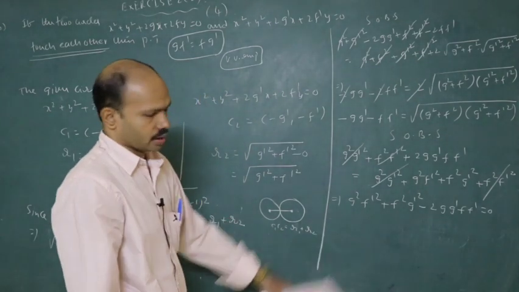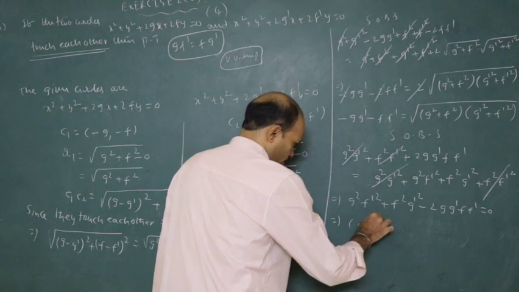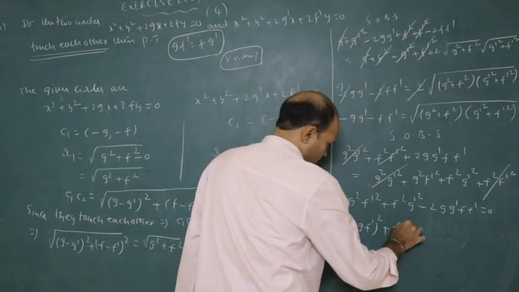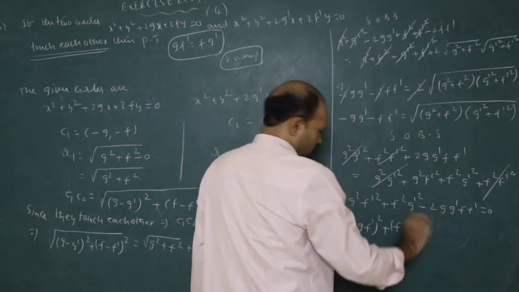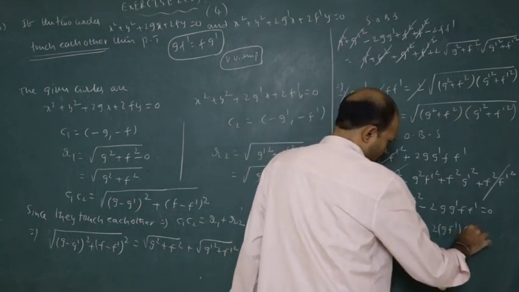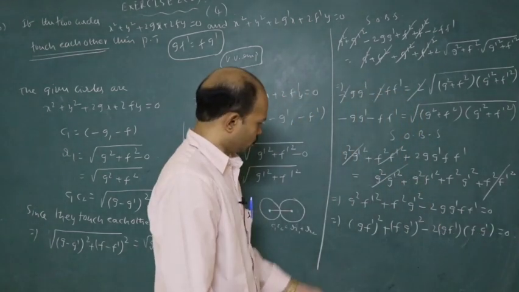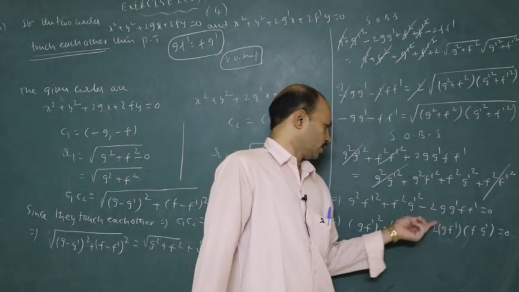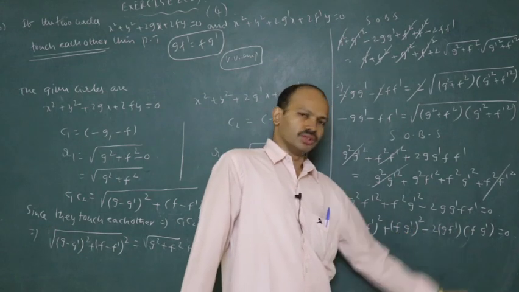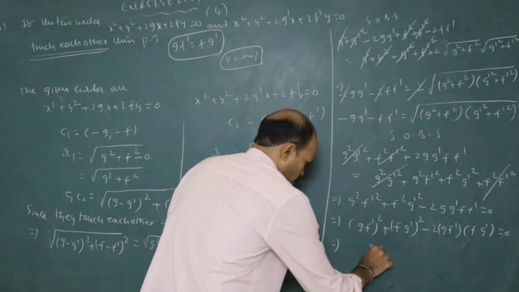To get into the standard form, I am writing it in the form (gf dash) whole square, (fg dash) whole square. By adjusting them, gf dash minus fg dash is equal to 0. This seems to be a square plus b square minus 2ab equal to 0. You may write it as (a minus b) whole square.